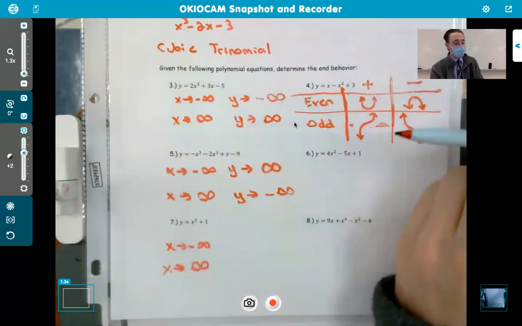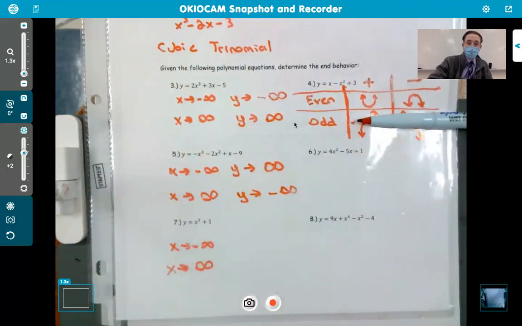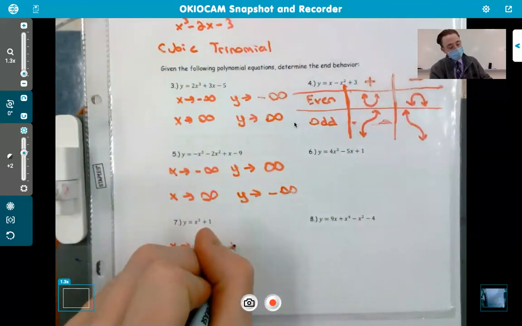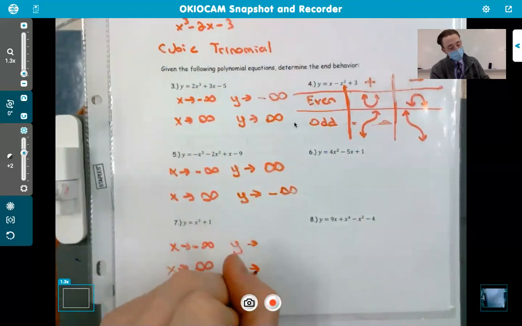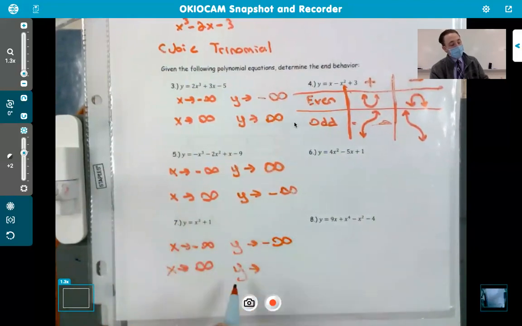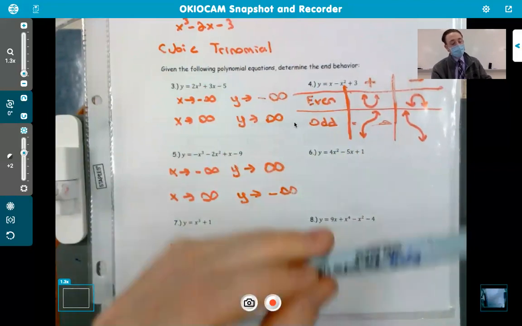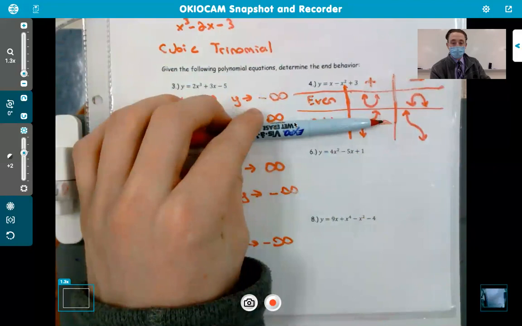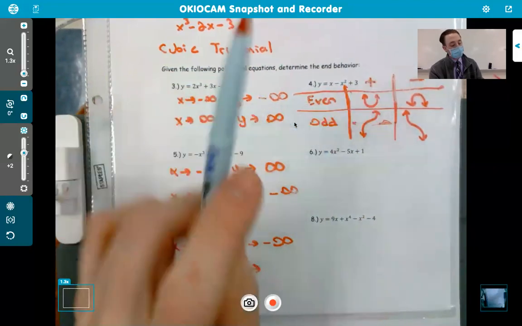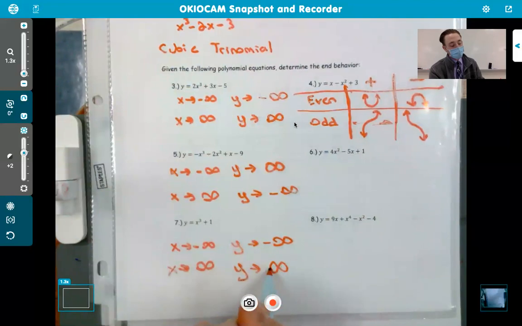As I go to X in the negative direction, is my graph increasing or decreasing? Decreasing. So is it going towards positive infinity or negative infinity? Negative infinity. Good. As it approaches X in the positive direction, is it increasing or decreasing? Increasing. So it's going towards positive infinity, right? Good.